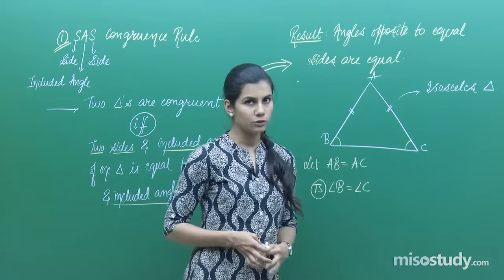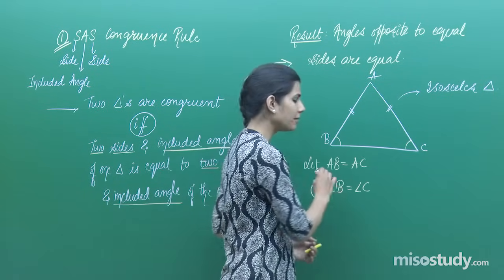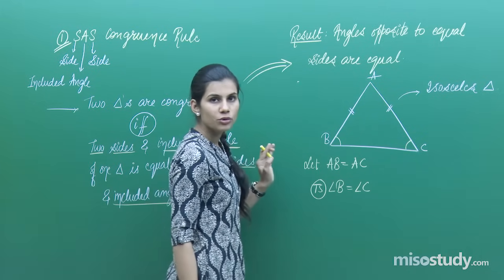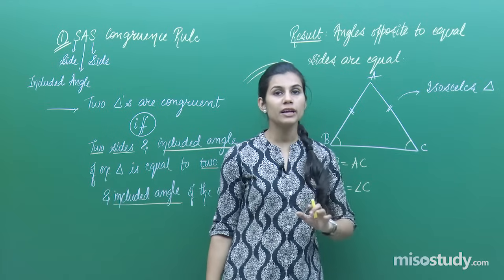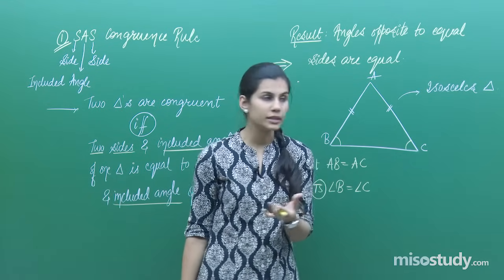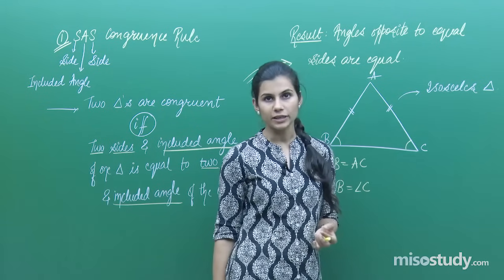Clear? In order to develop this conclusion, it's an application of the SAS congruence rule, which is used to conclude that two triangles are congruent. Right now I cannot see two triangles being congruent.